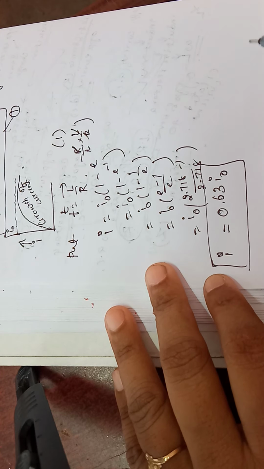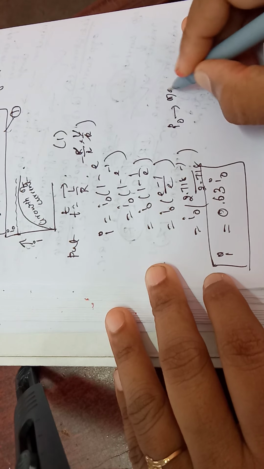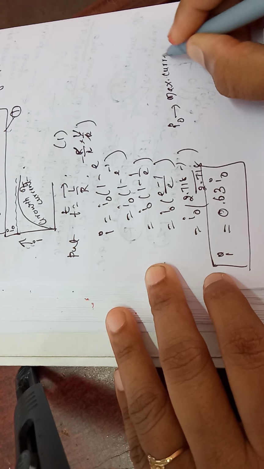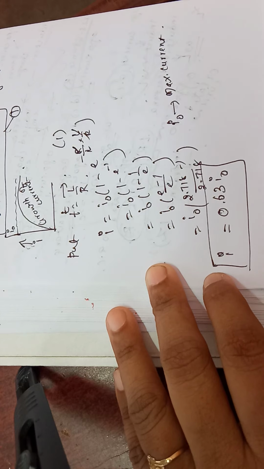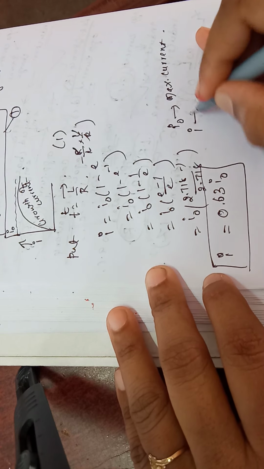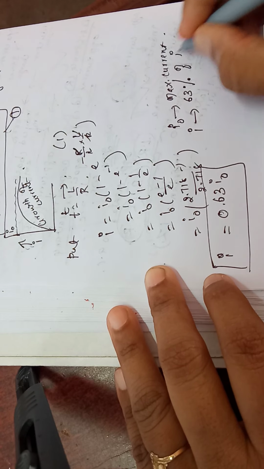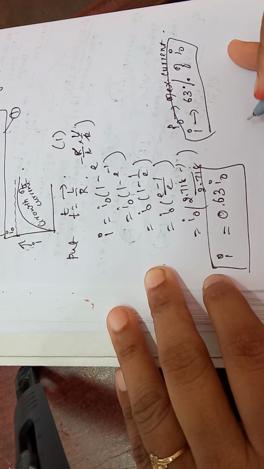0.63 I naught. If I naught is the maximum current, then I has increased to 63% of maximum current.